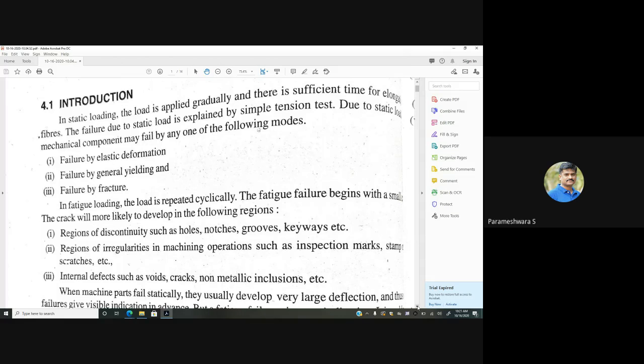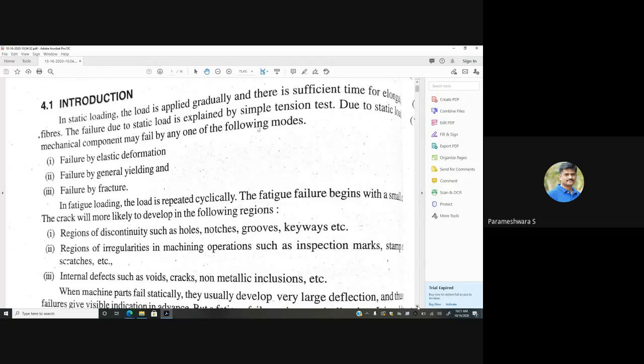Just take an example of a thin mild steel wire. If you want to break that wire, you can break it by applying tensile load or compressive load, whatever it may be. Suppose by hand itself, you apply bending moment to it. Is it not? Once you apply the bending moment, for a single cycle of loading, it will not break.